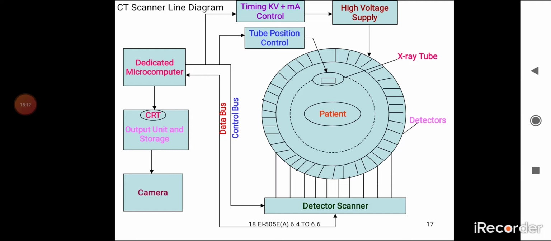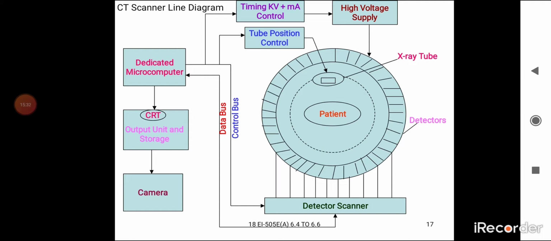The X-rays generated are projected on the organs of the patient, which absorb a little radiation. The remaining energy is transmitted onto the detectors.